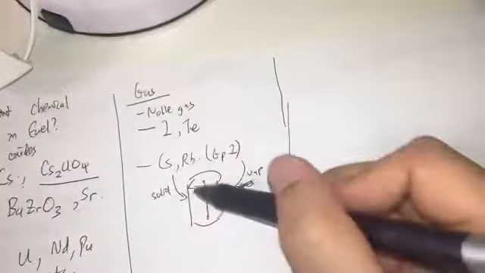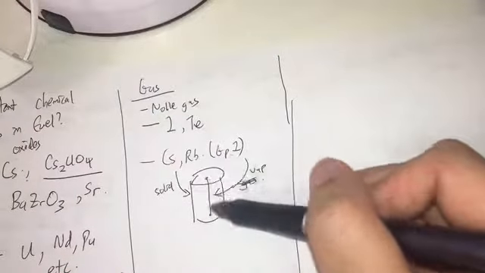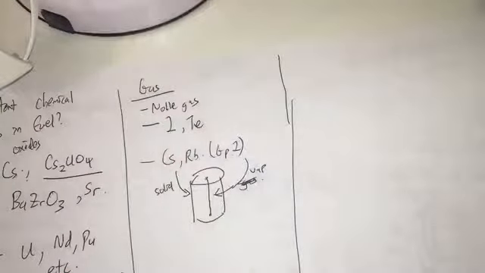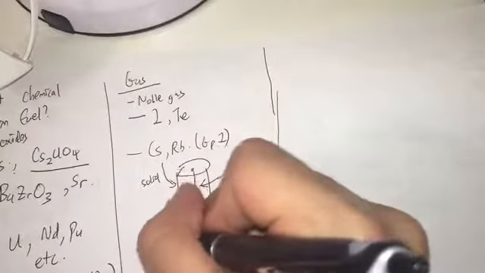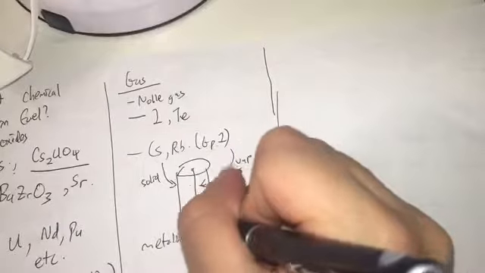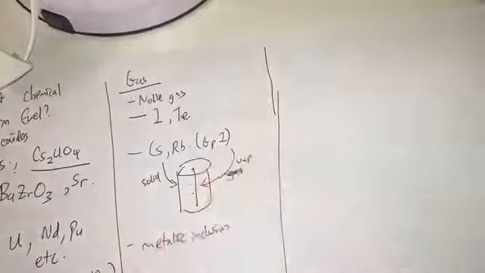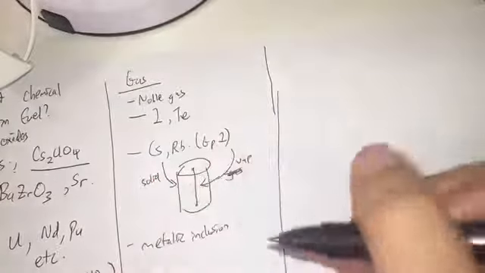On the outside, these guys will be solid, on the inside is vapor. Then you have the metallic inclusion group. These are mostly made of noble metals.